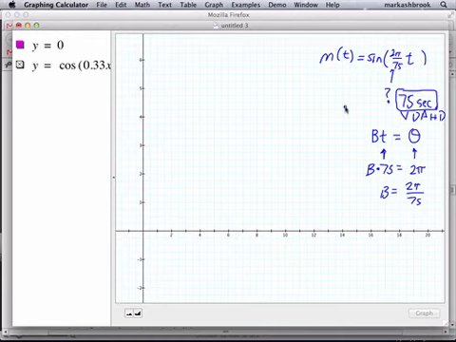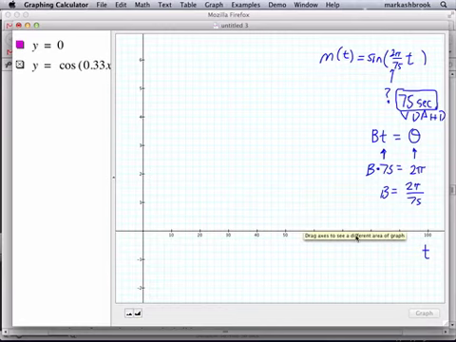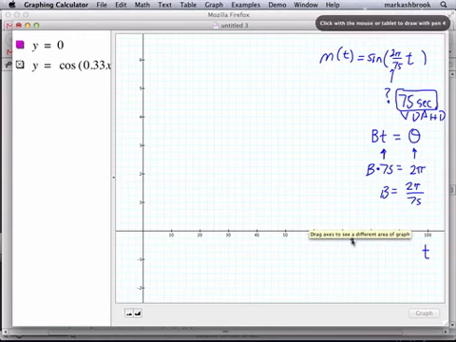Okay, so let's sketch this. If this is our time axis down here, what time gets us a full rotation? Yeah, they told us, right? 75 seconds. That's the time rotation. So I'm going to come out here to 75. And then what are we going to do to sketch this? Break it up into 4.